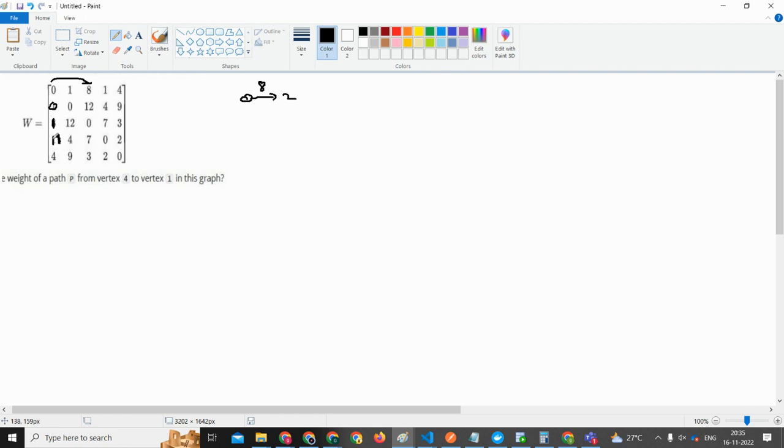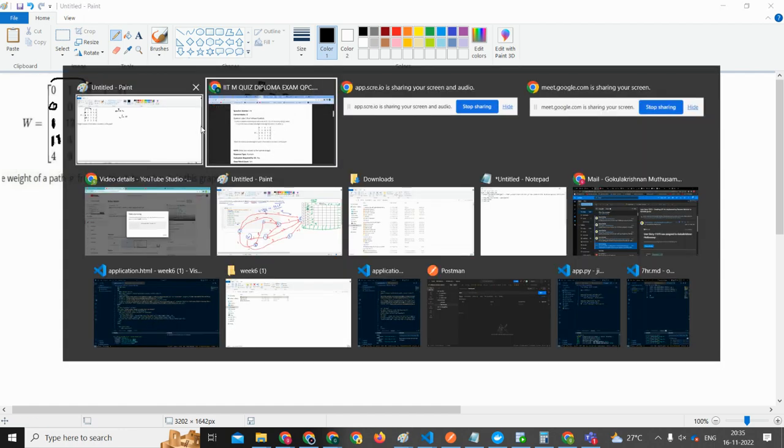So 2 to 0, there's an incoming edge of weight 1. It's coming into zero. If you look at the column of zero, it'll tell you what the incoming edges are. The row of zero gives you the outgoing edges. Correct.